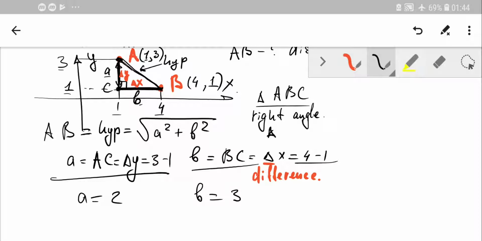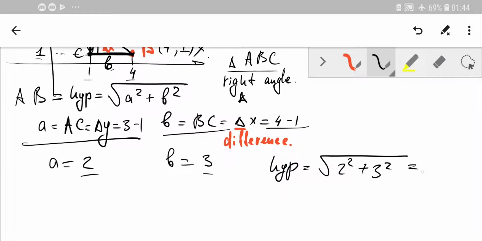In order to calculate, we just square our sides and plug into the Pythagorean theorem. The hypotenuse squared will be equal to 2 squared plus 3 squared, that gives you 4 and 9, 13.